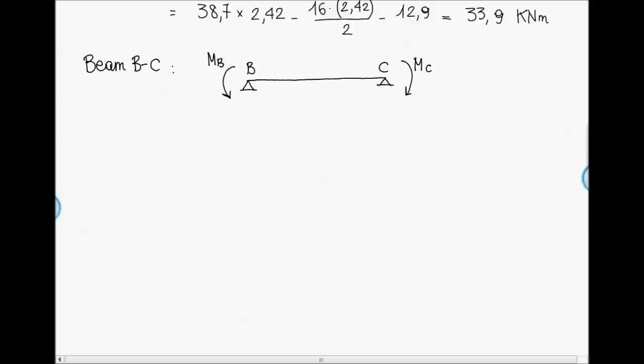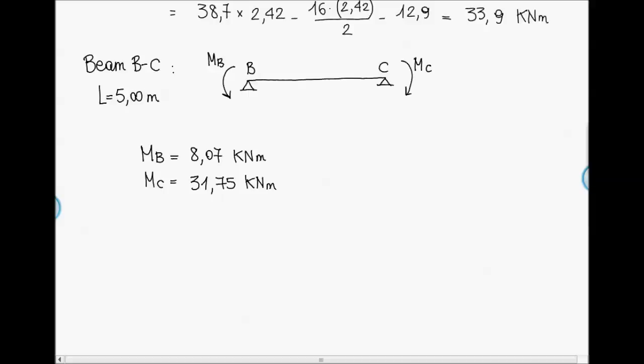In particular, we have MB equal to 8.07 kilonewton meters, and MC equal to 31.75 kilonewton meters. The length of beam BC is 5 meters.